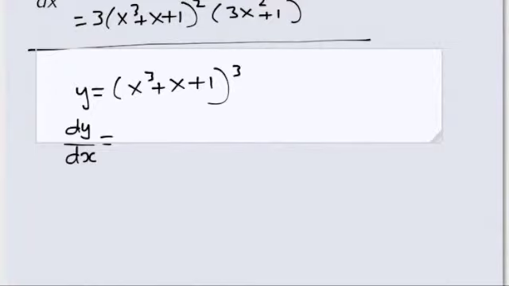So we will regard the term inside the brackets, the term that I marked green, as u.